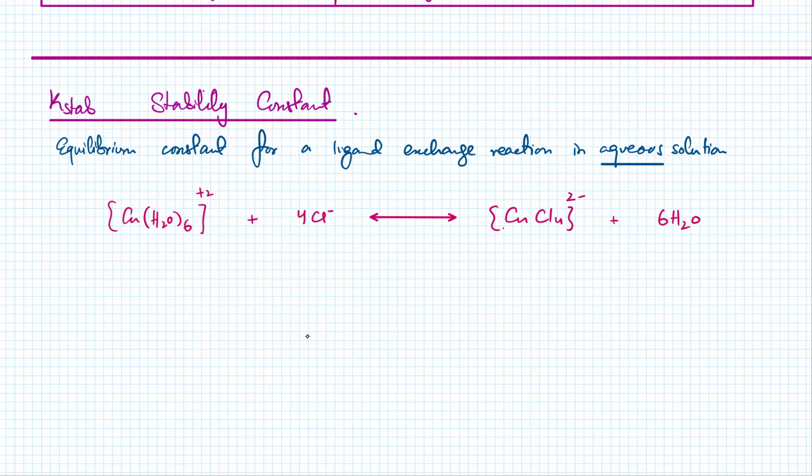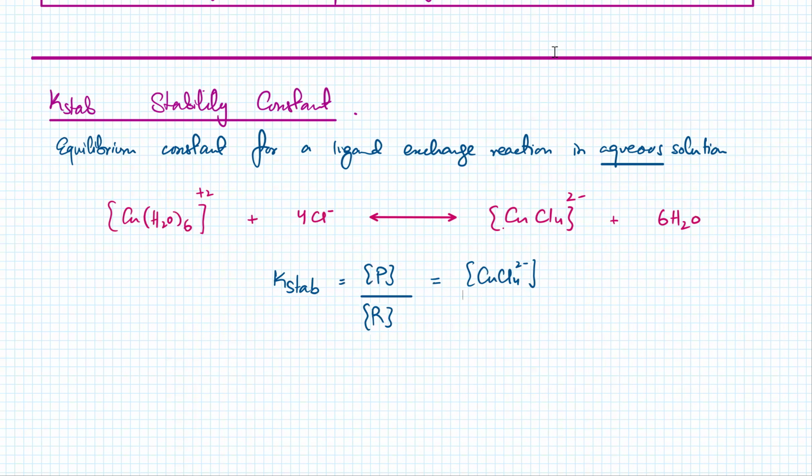What is the equilibrium constant? It's K stab. So it's the concentration of the products divided by the concentration of the reactants. So it's basically the CuCl4 2 minus concentration.